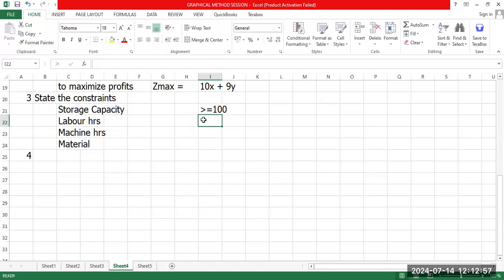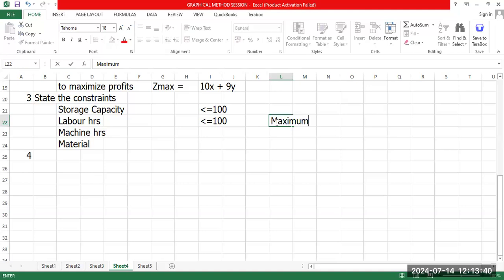Maybe labor hours, they tell you the hours available are only, let's say, 100, you should know the inequality to use. If they say that for you to produce these products, you need a maximum of 100 kgs as materials, you need to know which inequality to use. So a quick one is that you need to know these things.